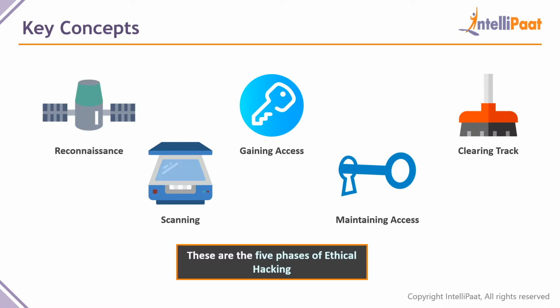So in scanning, especially in computer networks, which are very prominent today because almost all organizations have local area networks, and in those local area networks, you have a particular network topology. Now, these network topologies are obviously not public, so it is the job of the hacker to understand the network topology, where switches lie, where routers lie, and which hosts are on which particular subnet of a network, to understand what the hacker is basically supposed to hack.